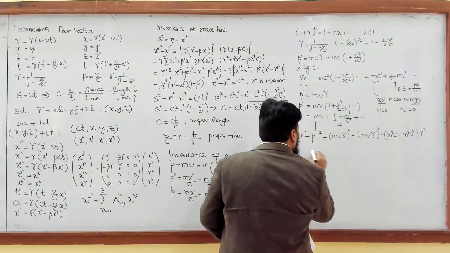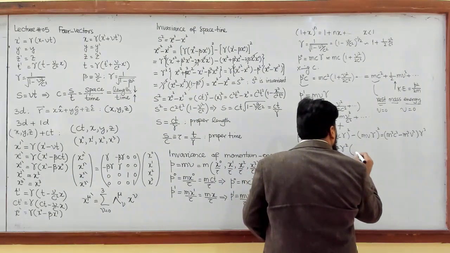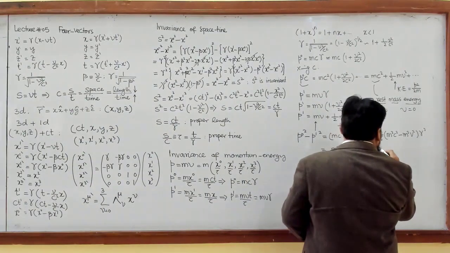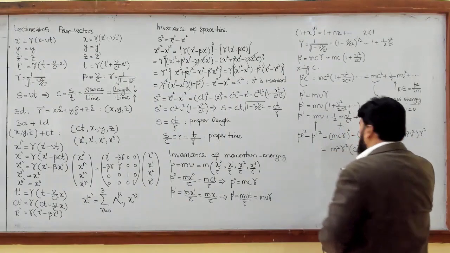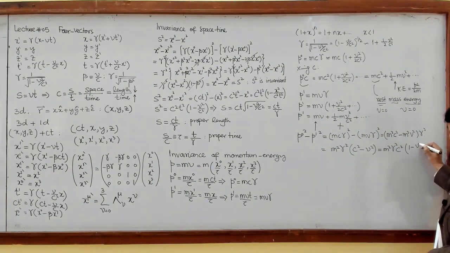So this is equal to, you take m square gamma square as common, then c square minus v square, and if I take m square gamma square c square as common, then it will be 1 minus v square over c squared. Now think of this one, 1 minus v square over c squared is 1 over gamma square. So this one is cancelling with this one.